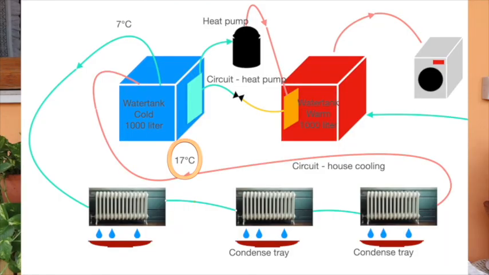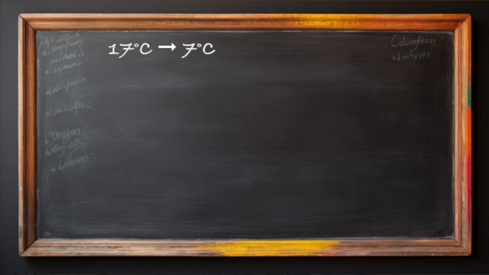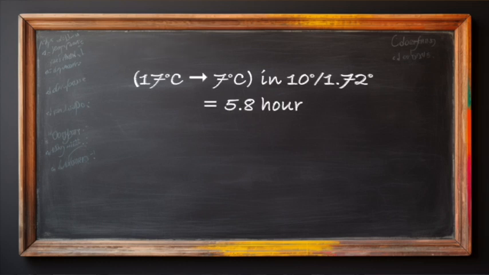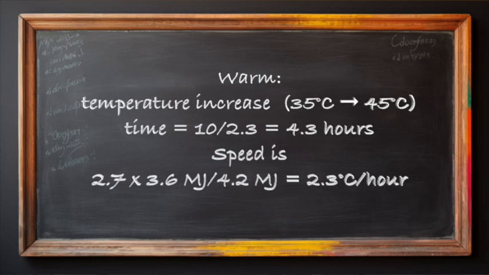Therefore it will charge the tank from the highest to the lowest working temperature. So from 17 degrees to 7 degrees, in 10 divided by 1.7, and that's nearly 6 hours. The warm tank will take 4.3 hours to charge from 35 degrees to 45 degrees, and this increase will be with a speed of 2.3 degrees Celsius per hour.